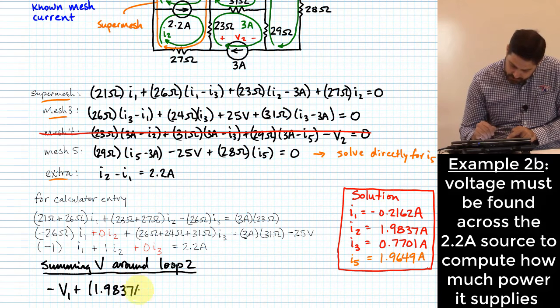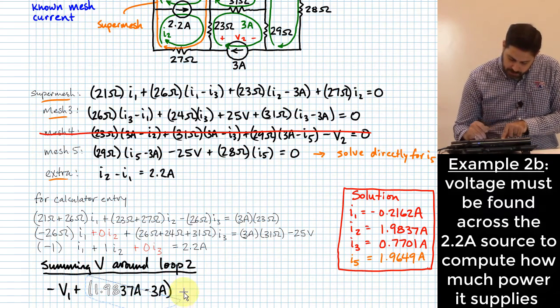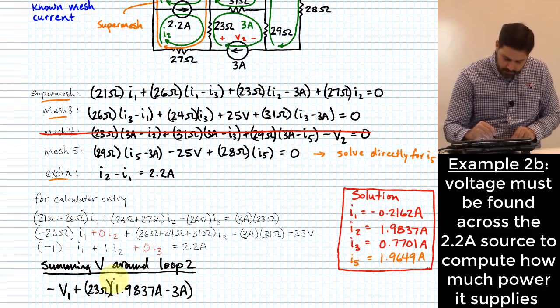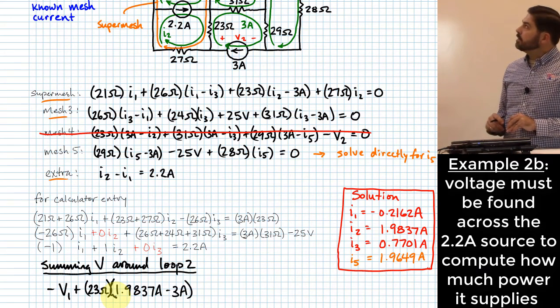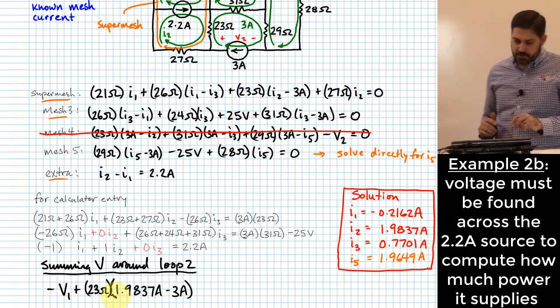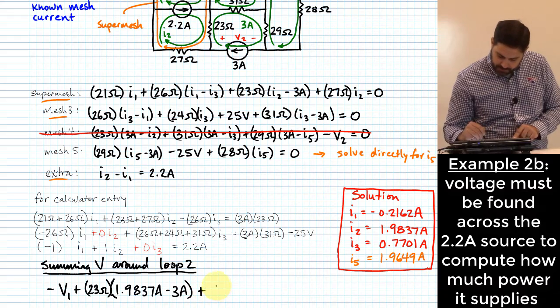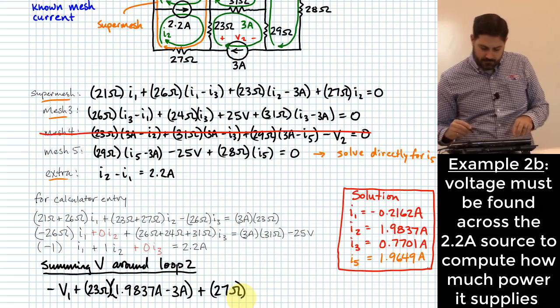1.9837 amps minus 3 amps. That's the current flowing through that 23 ohm resistor, so I'm going to multiply it by 23 ohms. Then what other circuit component do I come to around that loop? The 27 ohm resistor. And what current flows through that?